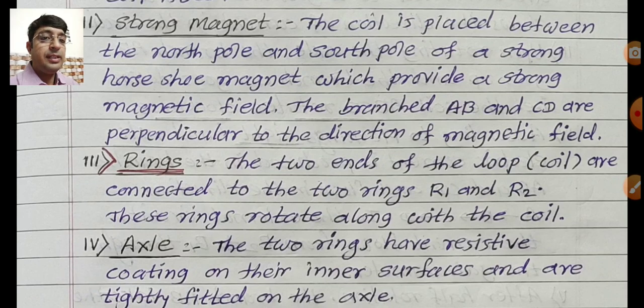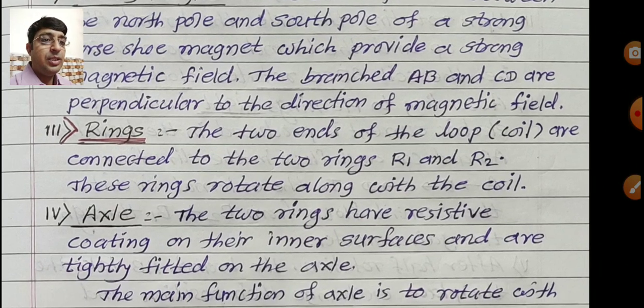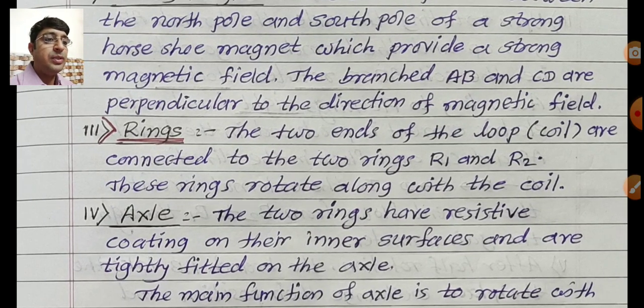Now third, rings. What is present in the electric motor? Split rings. But in the case of the generator, there are rings. You compare both figures in the textbook. The two ends of the loop or coil are connected to the two rings R1 and R2.